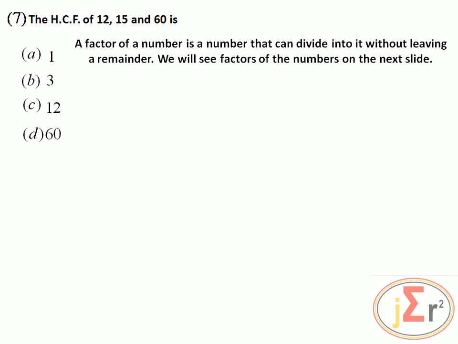A factor of a number is a number that can divide into it without leaving a remainder. We will see factors of the numbers on the next slide. And we'll get examples of factors when we are taking a second go at solving this problem on another slide.